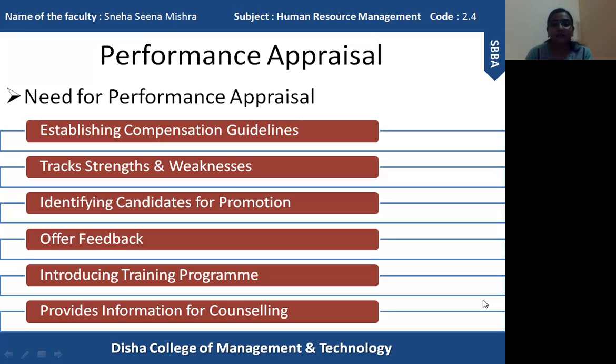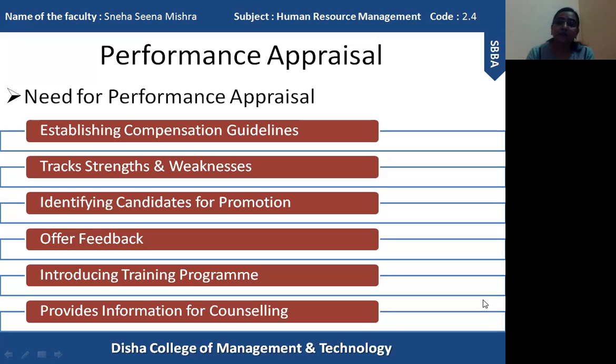The next one is tracking strengths and weaknesses. Like I said, every employee has some kind of strength, and many employees also have some weaknesses. And sometimes people are not even aware of their strengths and weaknesses. So with proper methods of performance appraisal, the strengths and weaknesses of each and every employee can be easily found out, and communicated to the employees so that they can understand in which areas they are very strong and what the areas of their weaknesses are, so that they can work on their weaknesses.